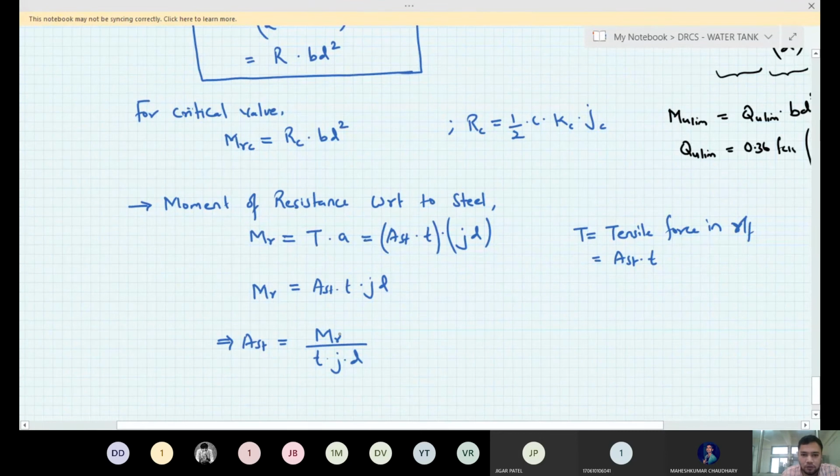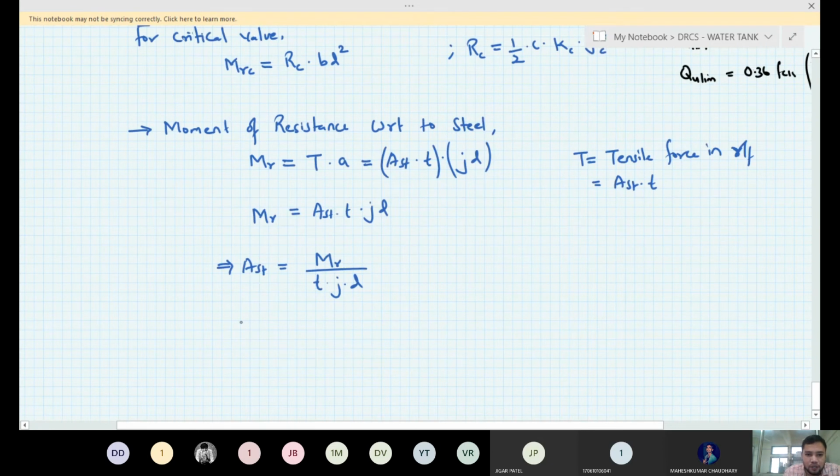If we compare this to the external moment, we can get the AST required.